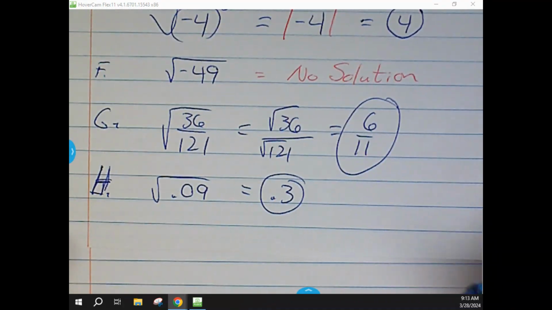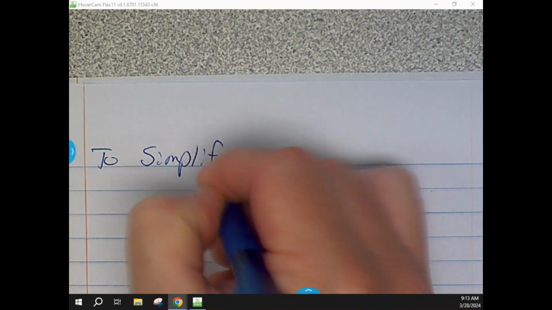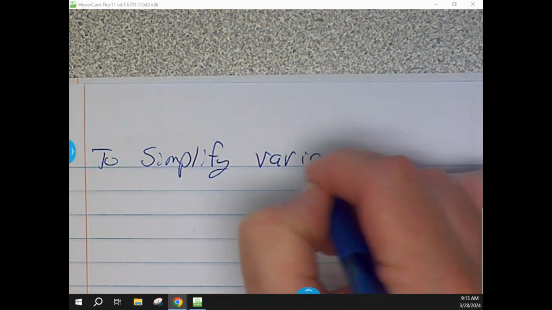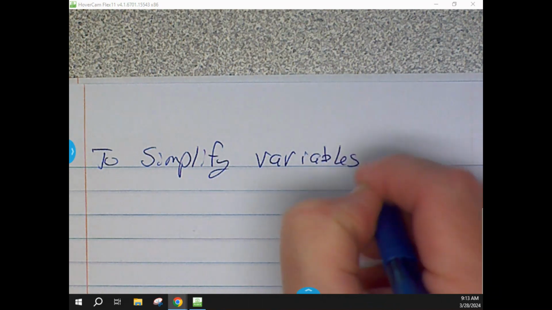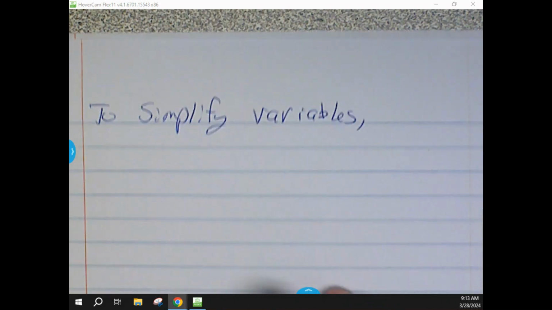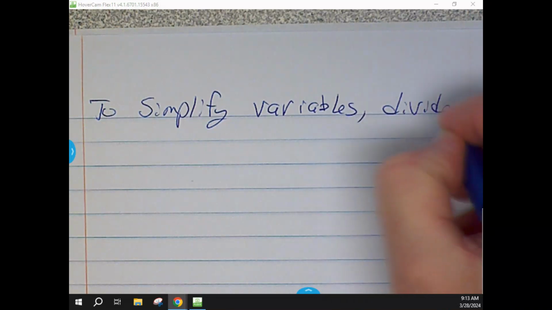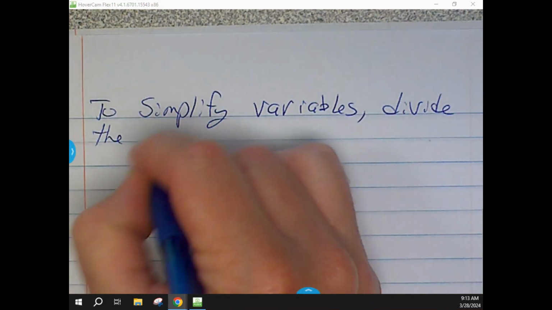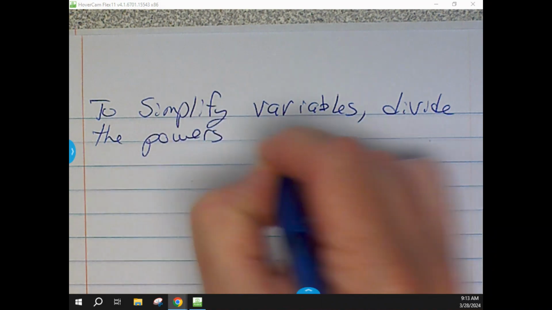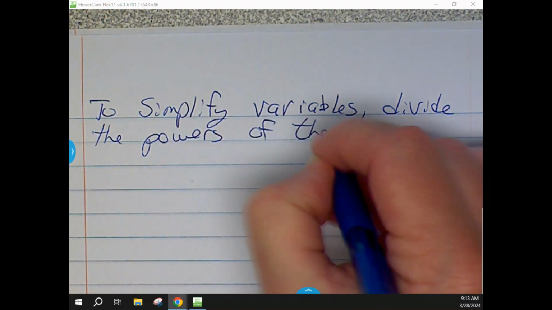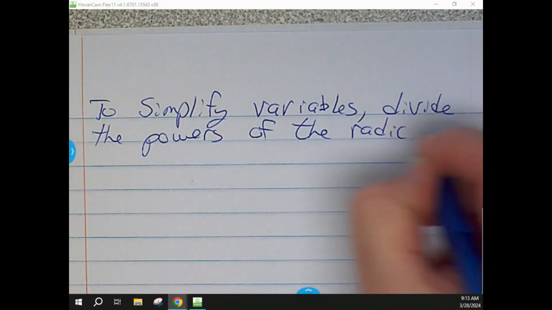Okay. All right, now here's the part where it almost gets even easier in some of these, to me. The numbers are okay, but the variables actually get easier. So we're going to simplify variables. Really, really easy. We're going to divide the powers of the radicand.